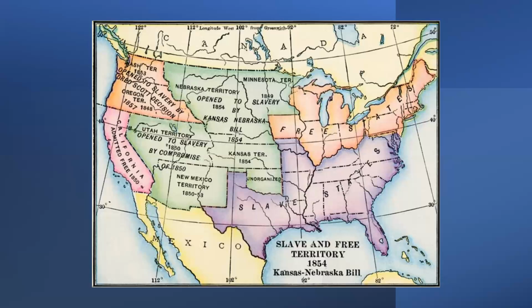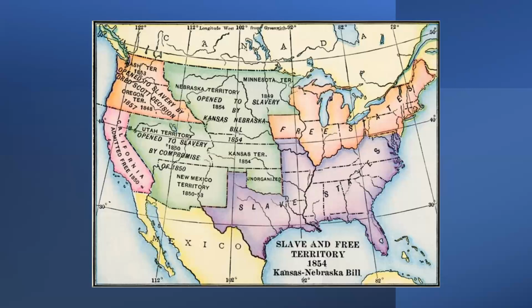The issue of slavery in the territories reared its ugly head. The Kansas-Nebraska bill passed because of the support of Southern Democrats. Could the powerful Democratic Party be stopped?